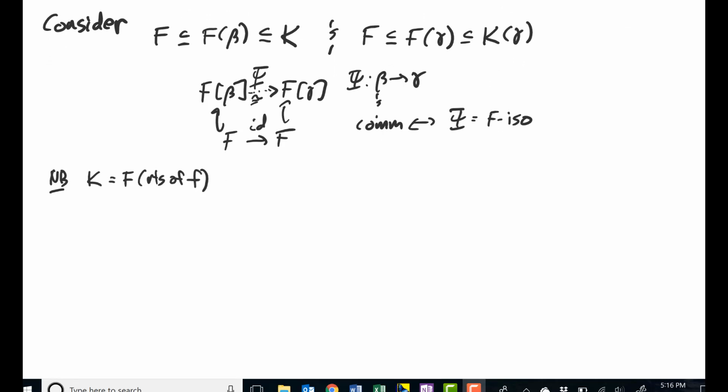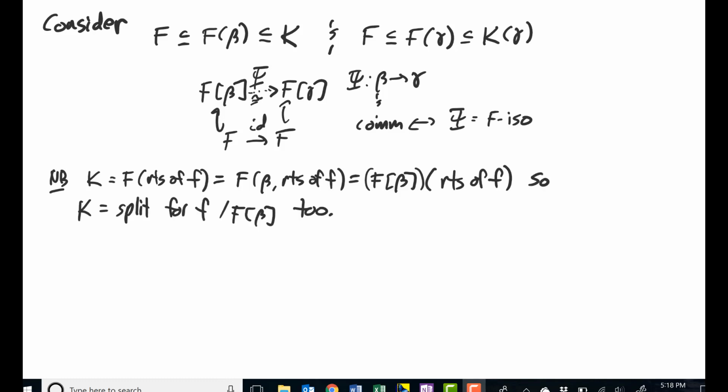First of all, k is a splitting field of f, so it's f attach the roots of f. Now beta is in k, so if I attach that as well, I don't gain anything more. It's still an equality, and that lets me rewrite it this way. So that means this is f of beta attach the roots of f. So that means k is a splitting field over f of beta for f as well.